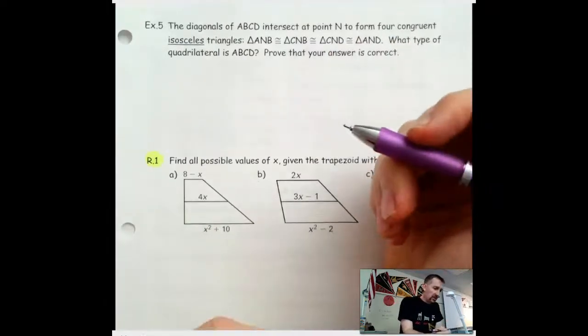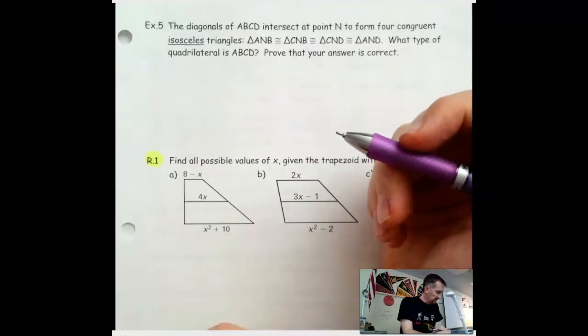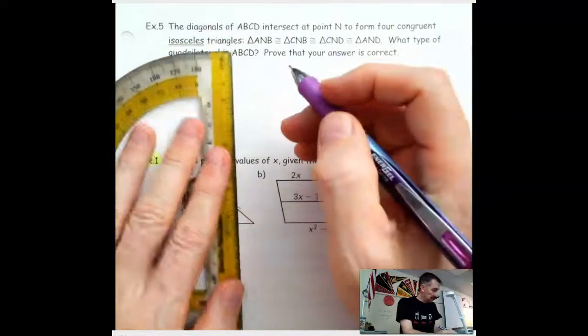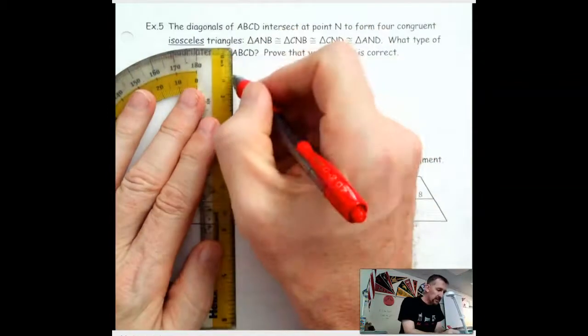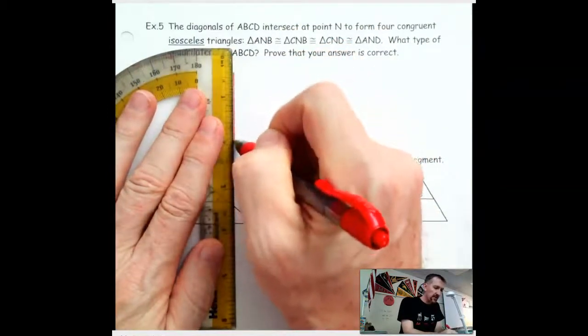Okay, four congruent isosceles triangles. I'm not sure what this looks like, so I'm going to just draw something and start labeling it up.